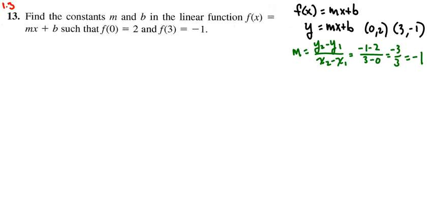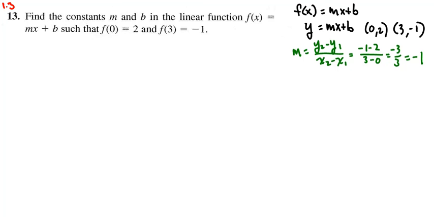So now I have a slope and I have a point. I have 2 points. I can choose either one. I could use the point slope formula, but if you recall that b is the y-intercept, that's the value of y when x is equal to 0.